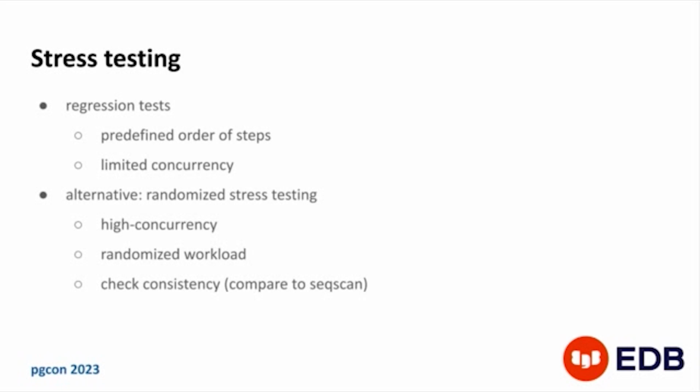So I've been working on randomized stress testing, which essentially means that we do a lot of different operations in a random stochastic manner, and then we do a check between results produced from a sequential scan, for example, and an index. Does the index actually produce the correct result with respect to the sequential scan?